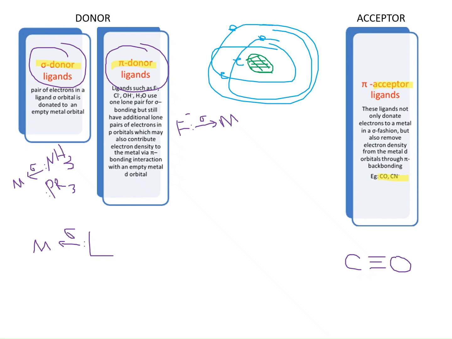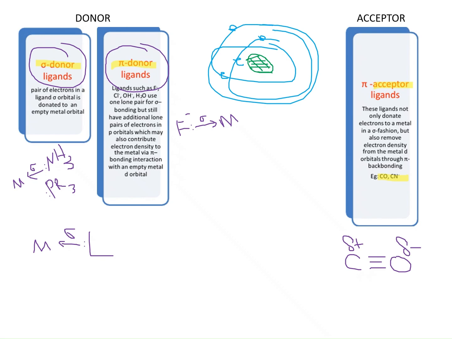The electronegativity difference between carbon and oxygen is large. It makes the oxygen more polarized and it makes the carbon more electropositive.